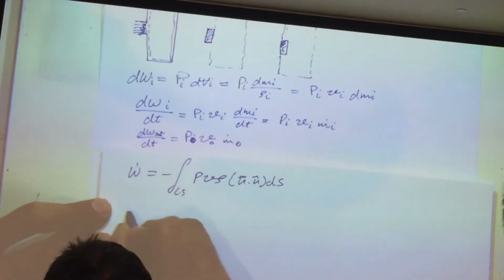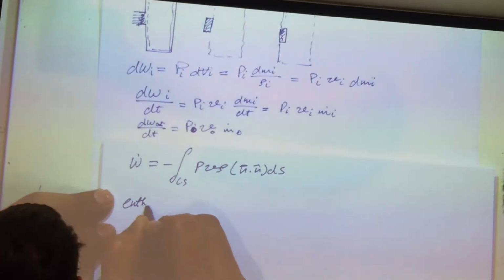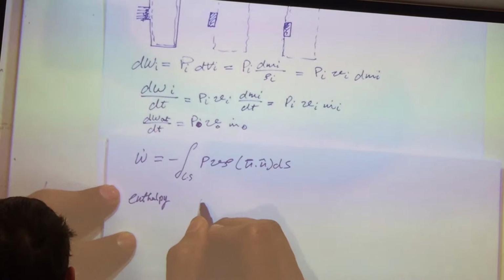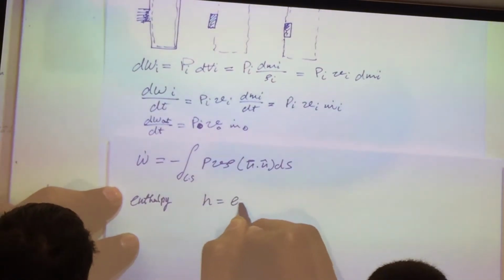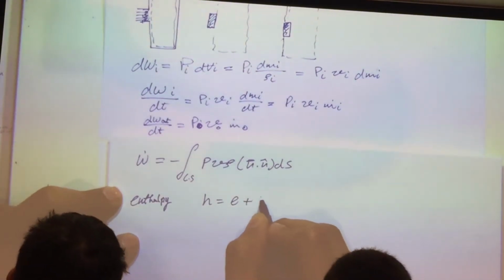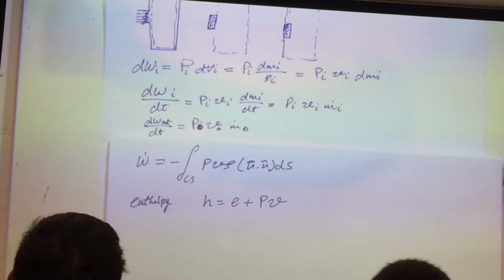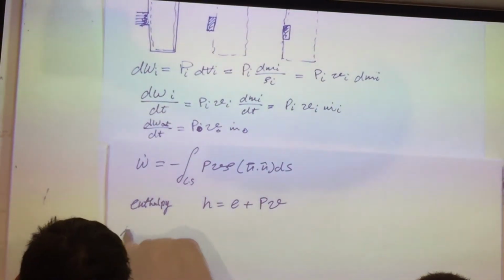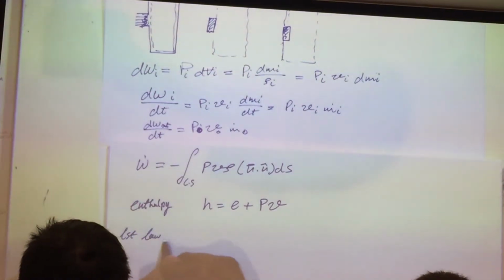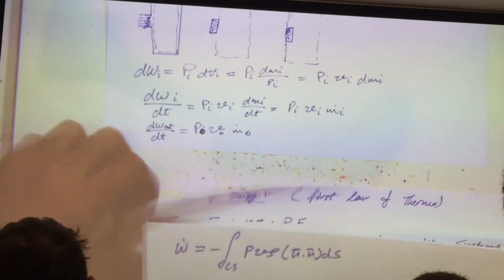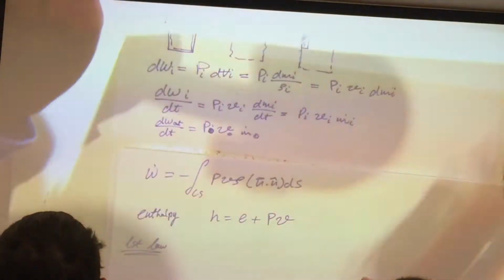We can also use enthalpy, so we could convert our temperatures. Enthalpy is equal to the internal energy plus PV. So first law, you could say the general form of it is, let me put the other equation up.